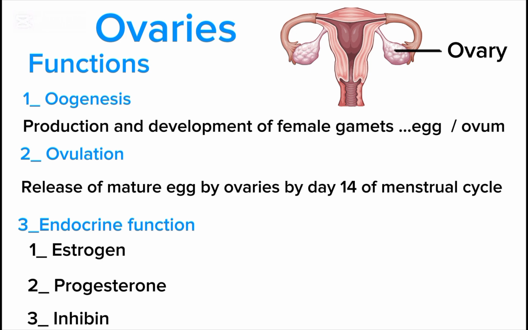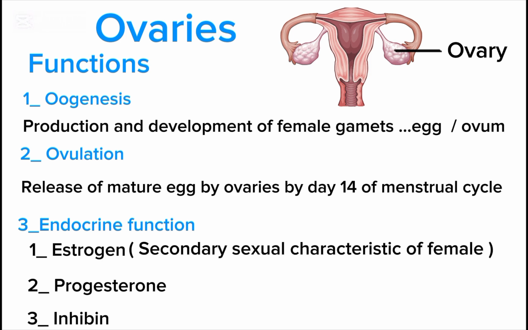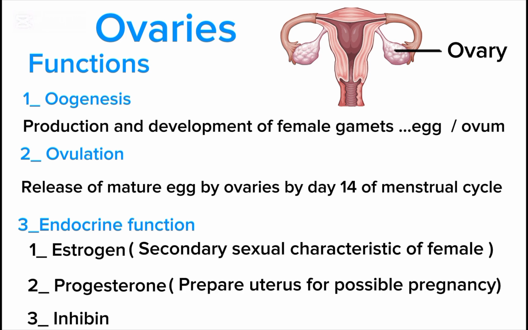It is important for the development of secondary female characteristics, which include menarche, that is the onset of menstruation, breast development, axillary and pubic hair growth, and increase in height. Progesterone, that is secreted by corpus luteum, prepares the uterus for the possible pregnancy.